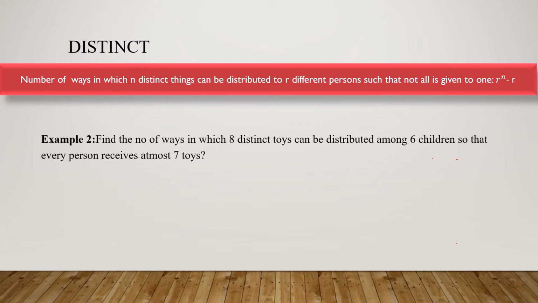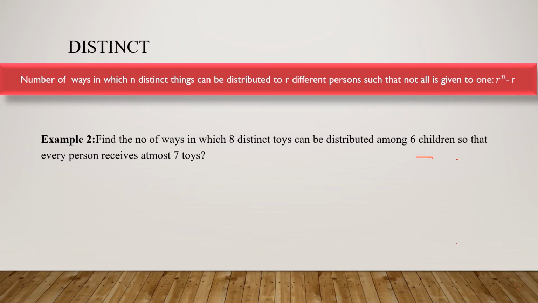Find the number of ways in which 8 distinct toys can be distributed among 6 children so that every person receives at most 7 toys. In the question it is given that every person receives at most 7 toys. That means no child is receiving the entire set of 8 toys.